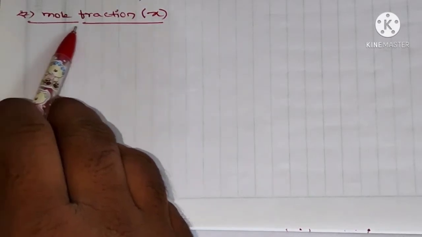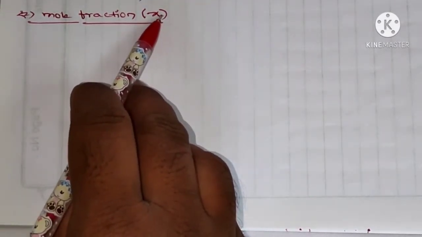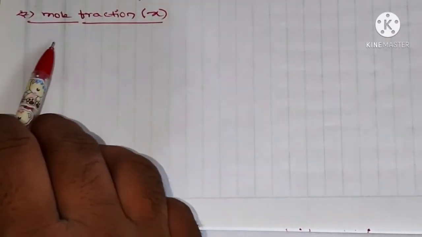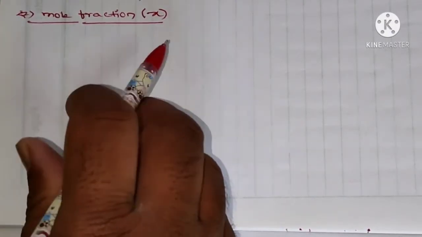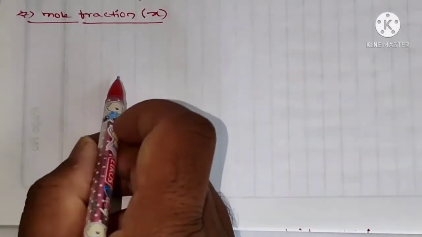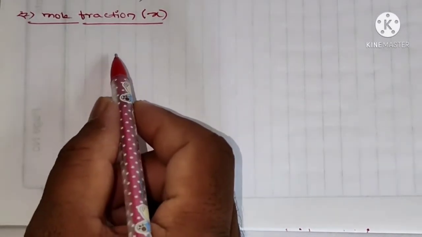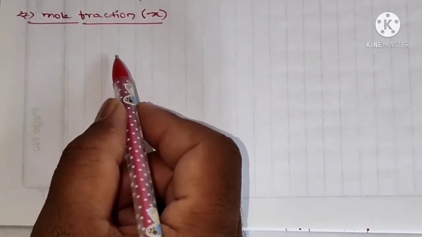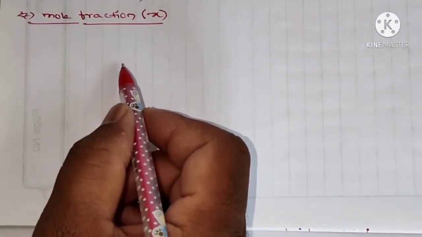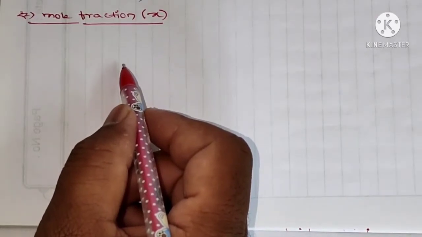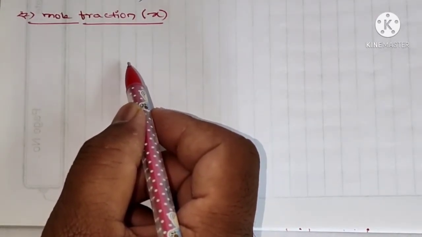Next, the second one, mole fraction. It is represented by X. The ratio between the number of moles of a particular component and the number of moles of all the components in the solution is called mole fraction. The sum of mole fractions is unity.